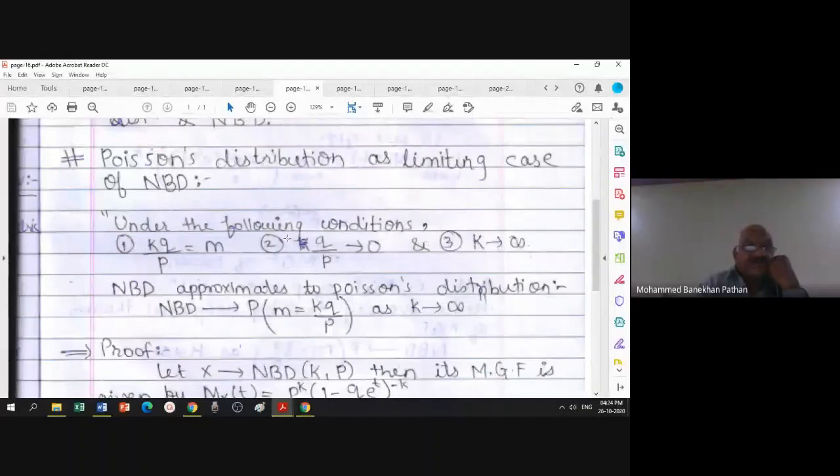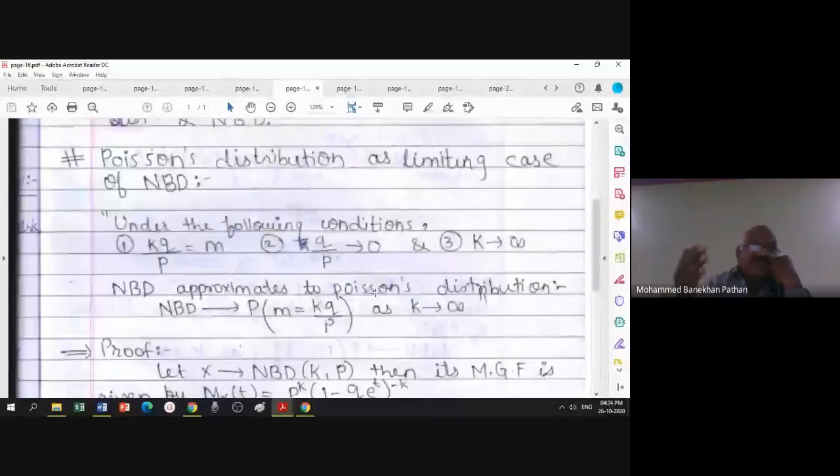Under these three conditions, if they are satisfied, then what will happen? Your NBD is approximated by the Poisson distribution. You know what a Poisson distribution is from your first year syllabus. In first year, I taught the Poisson distribution as well as the geometric distribution. So we have both distributions in SY in the form of a relation.